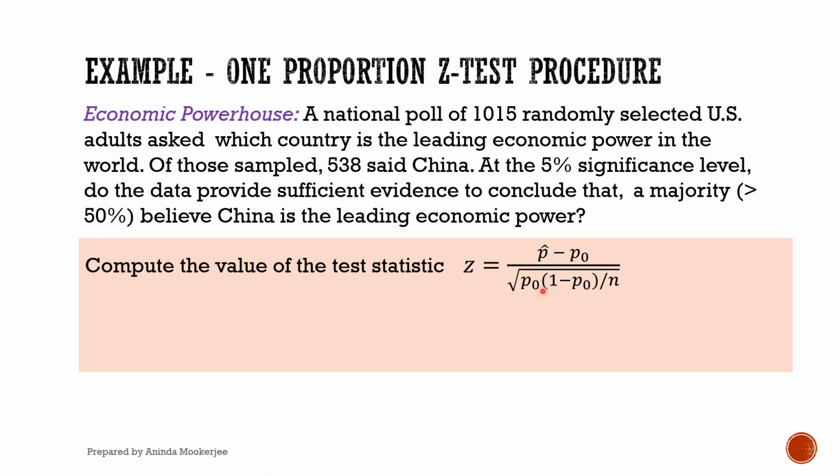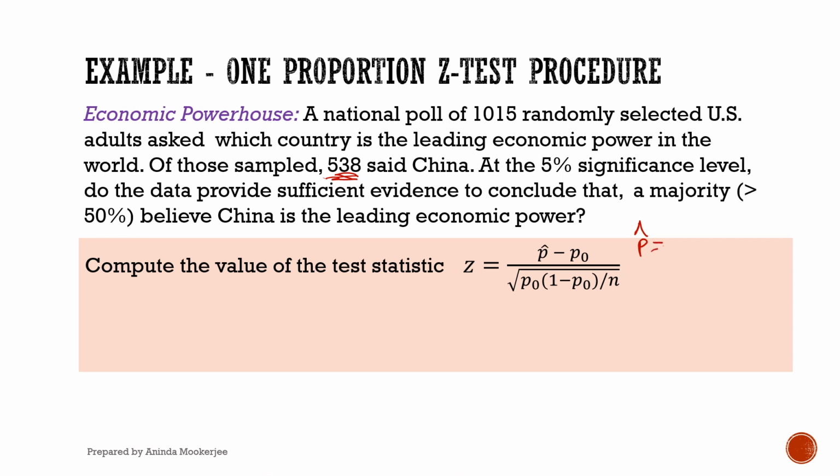And the formula for proportions is p hat, which is the sample proportion, minus p sub 0, which is the null hypothesis proportion, divided by the standard deviation of proportions in the denominator, right? So p hat is the sample proportion calculated from the data given to us.